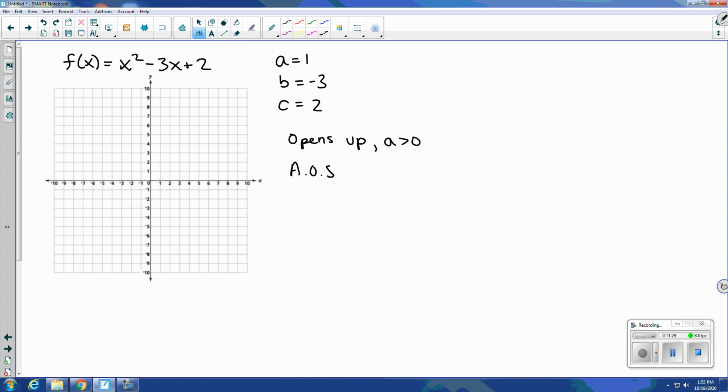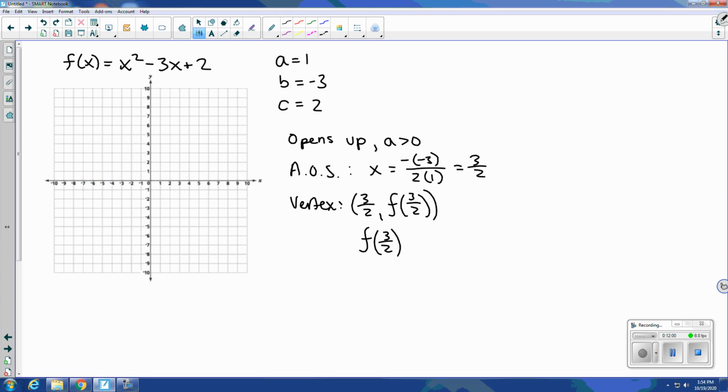The axis of symmetry is going to be equal to negative B over 2 times A, so negative of negative 3 over 2 times 1, which is 3/2. The vertex is going to be 3/2, f of 3/2. So we have to figure out, well, what's f of 3/2? To get that y coordinate, we plug in 3/2 to our function.